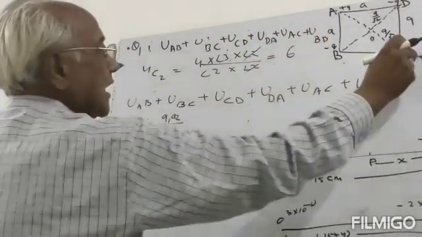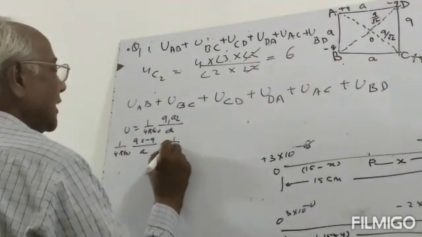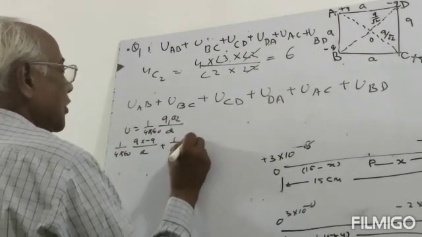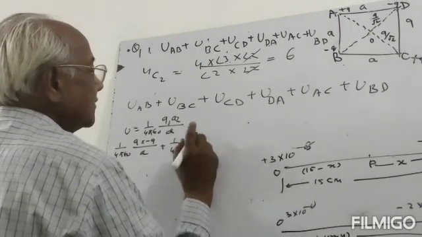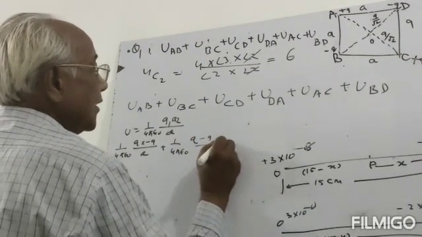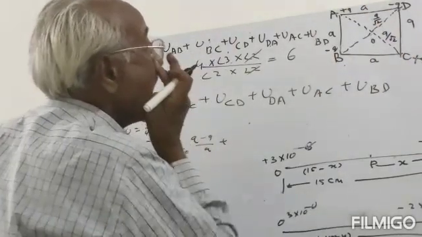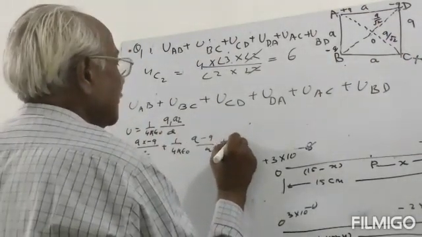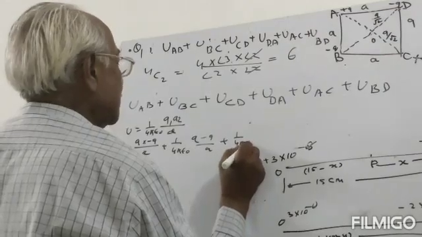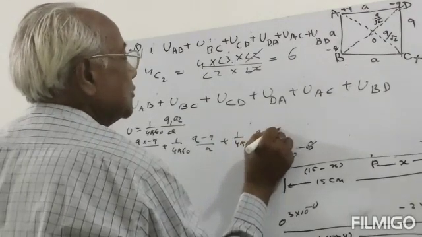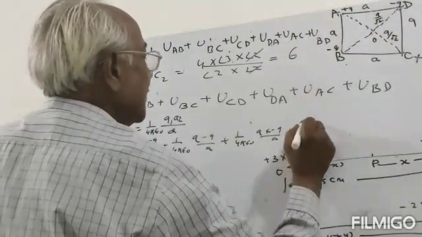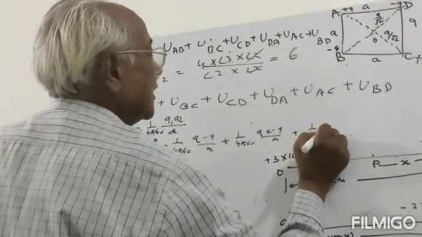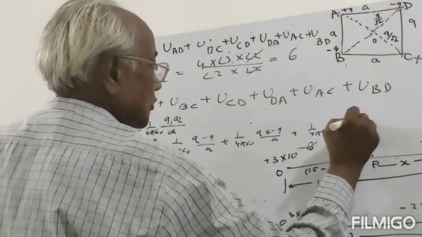Similarly for B and C, it is 1/4 pi epsilon 0 q into minus q divided by a. For C and D, it will be equal to 1/4 pi epsilon 0 q into minus q divided by a.